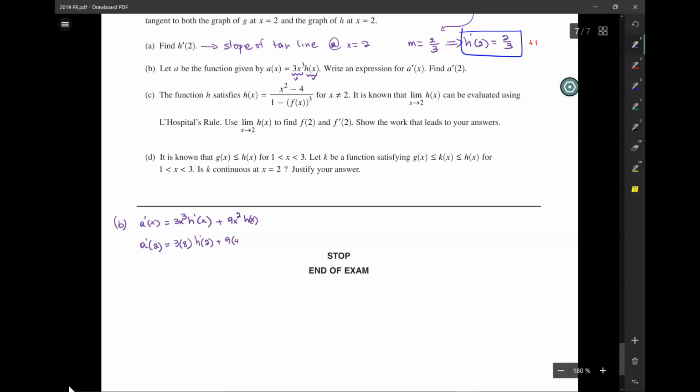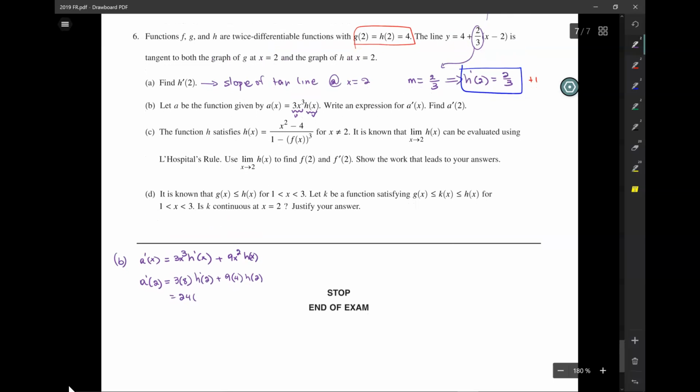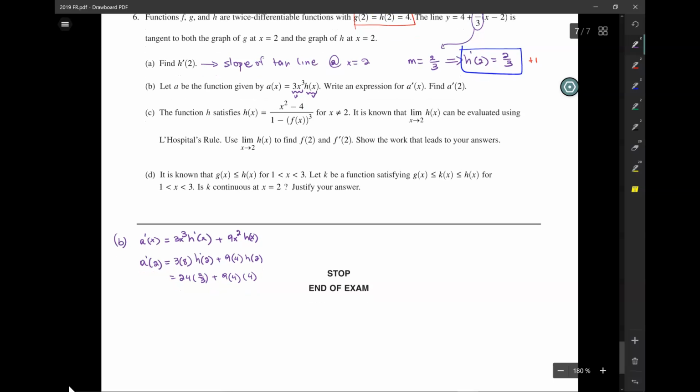Times 9 times 4, h of 2. So this is 24 times h prime of 2. We just found it. We said it was 2/3. Plus 9 times 4. H of 2, it's given upstairs, it's 4. So all this together is 160.